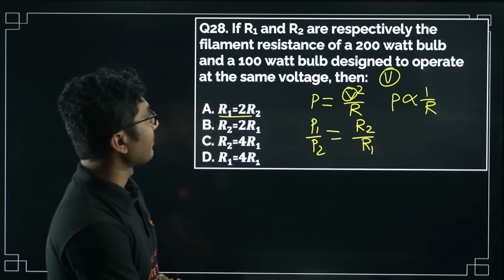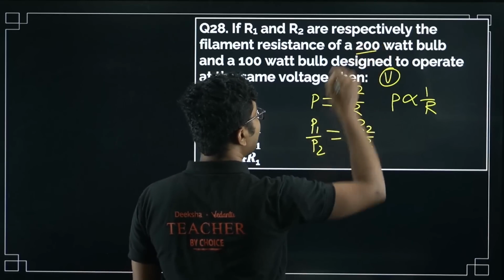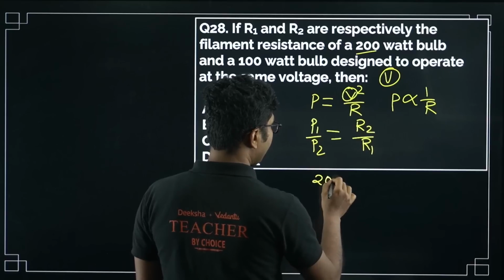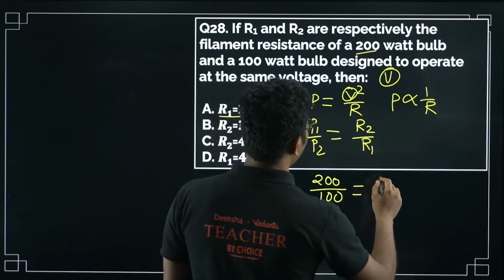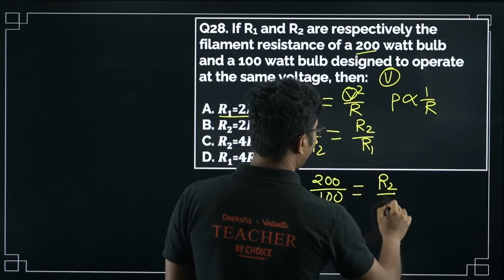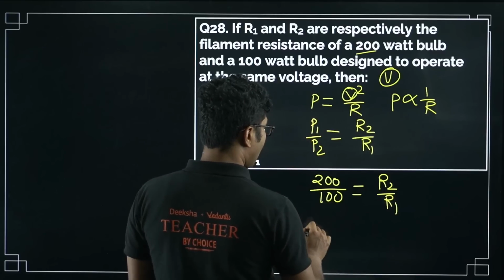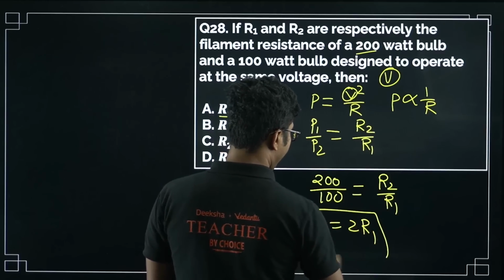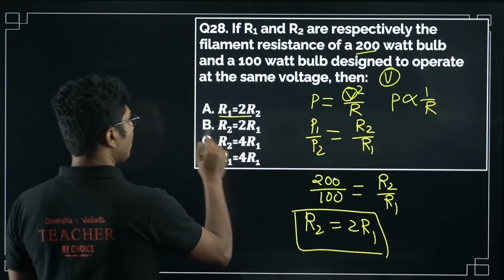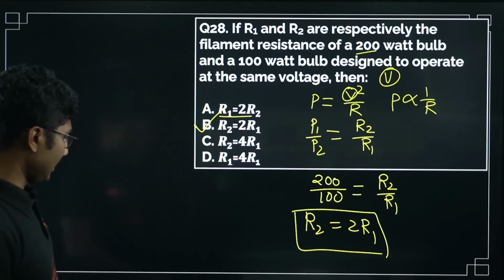What is the power of the first bulb? Power of the first bulb is 200. So 200 divided by 100 equals R2 by R1. So R2 equals 2R1. Option B is correct in this case.